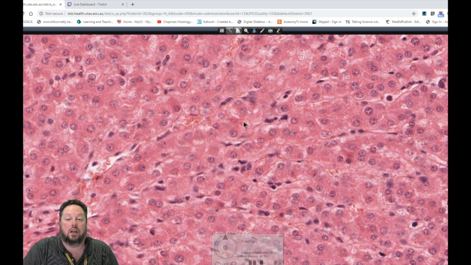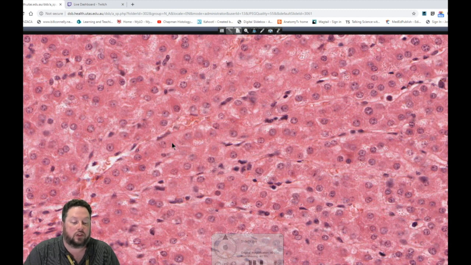They're either going to be Kupffer cells, which are the resident macrophages within the liver, and they hang around the sinusoids, ready to phagocytose any invading microorganisms, also getting rid of aged red blood cells, so the liver can help remove old red blood cells as well, and the Kupffer cells play that role.